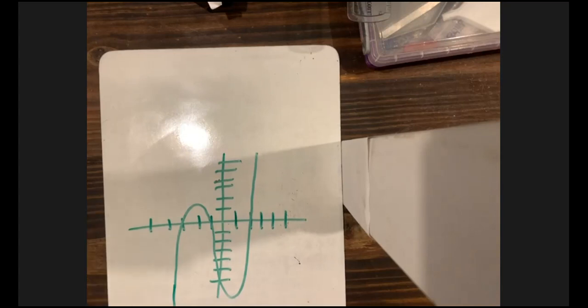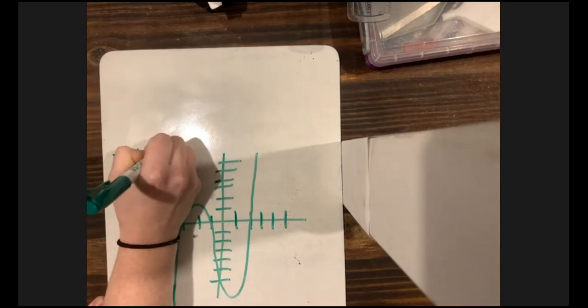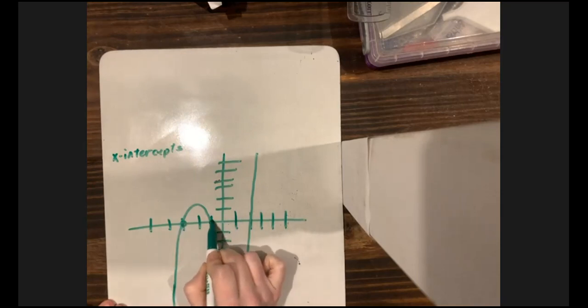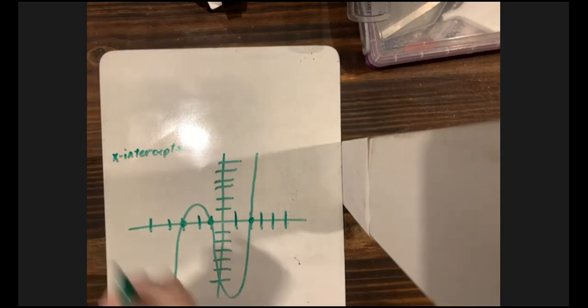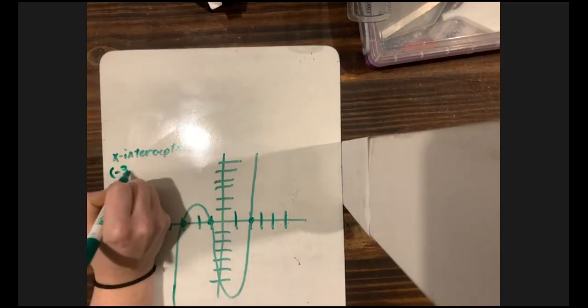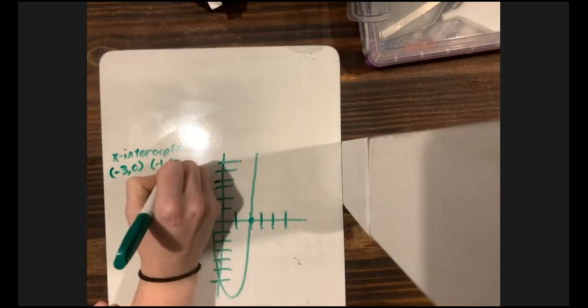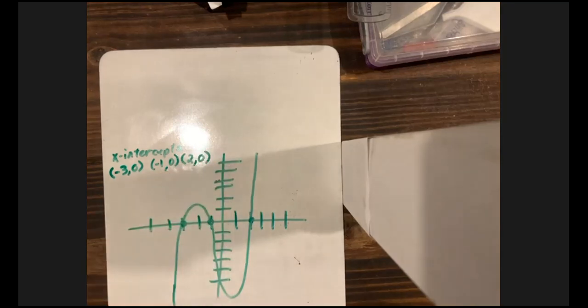Okay, so we're going to do X intercepts. Now, the X intercepts are where we cross the X axis. So in this case, I've got this one, and this one, so I've got 3. And we're going to write them just in their ordered pair format. So we've got -3, 0. I've got -1, 0. And I've got 2, 0. So there's my X intercepts.